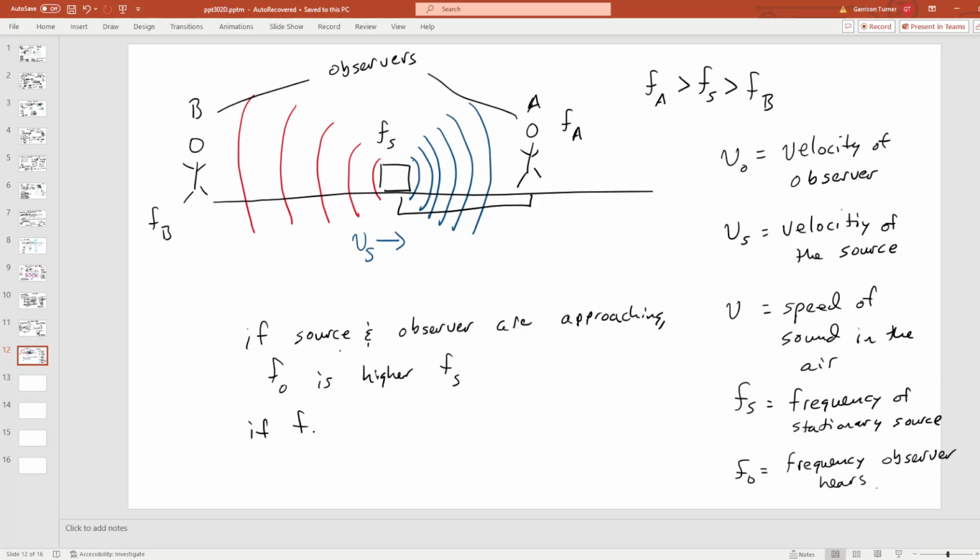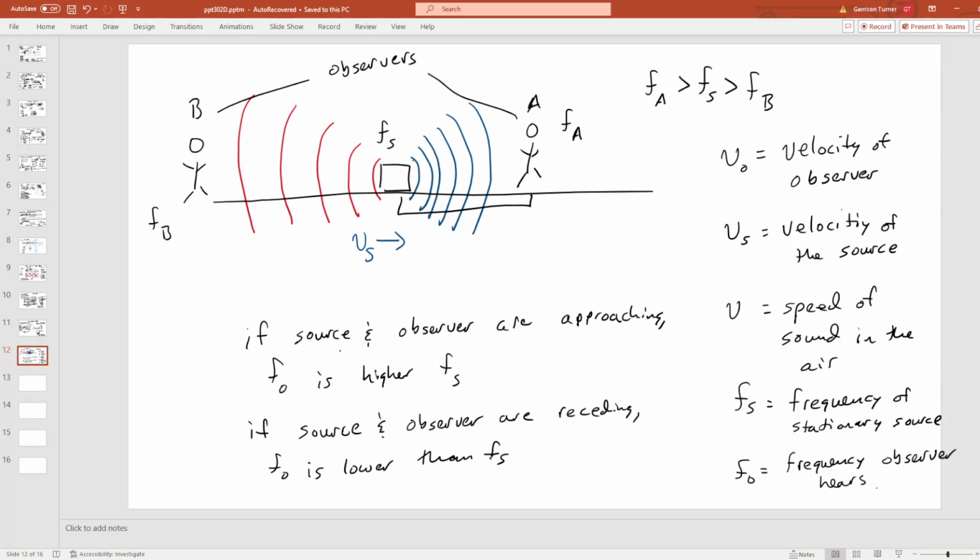But if the source and observer are moving away, if they are receding, then Fo is lower than Fs.